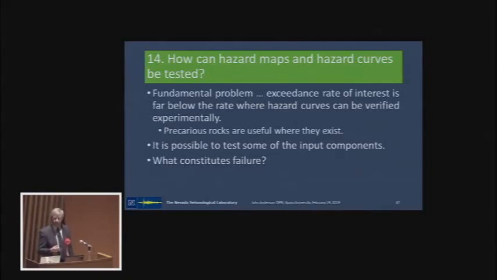The other thing is that I don't think we as a community can answer the question, what constitutes failure? There are some people who would look at a hazard map, and if an earthquake happens and it causes higher ground motions, they'd say the map failed.